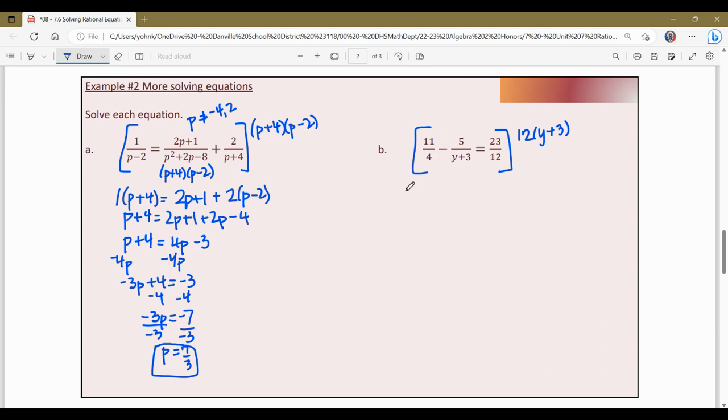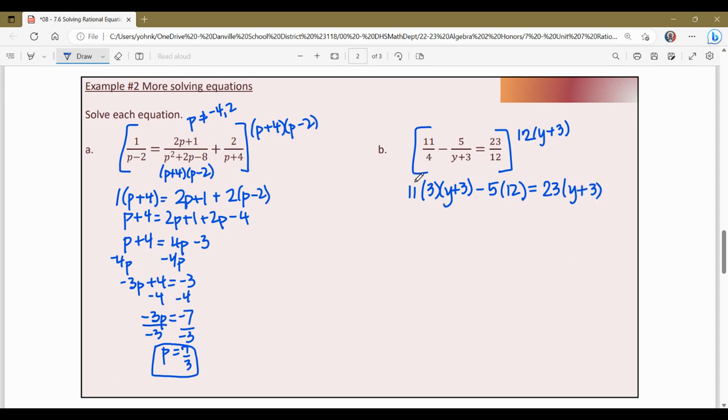All right, so multiply the first fraction. We have an 11. The 4 goes into the 12 3 times. And I need the y plus 3. Minus 5. The y plus 3's cancel, and I need that 12. So times 12 equals, I have a 23. The 12s will simplify, and we got y plus 3.